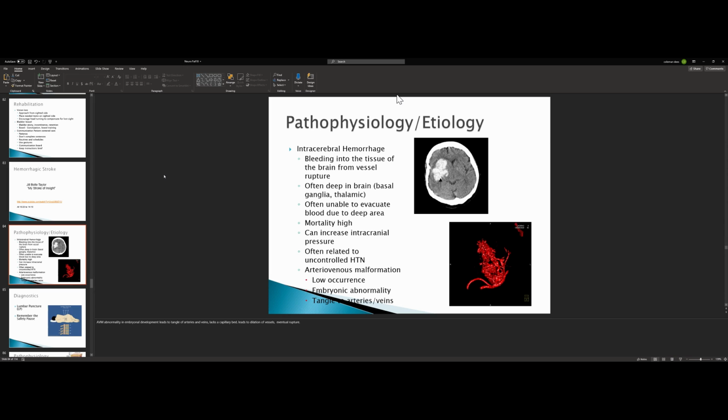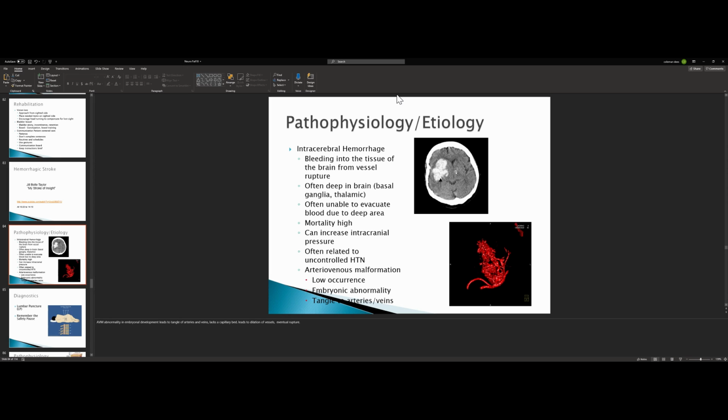One of the things we talked about yesterday was deep brain structures, right? So basal ganglia, thalamus, things like that. You can see here on this top photo, this is the CT. On the right side, you have a rather large ICH, which actually looks like it's outside of deep brain.